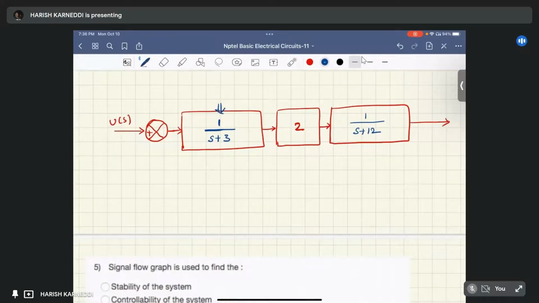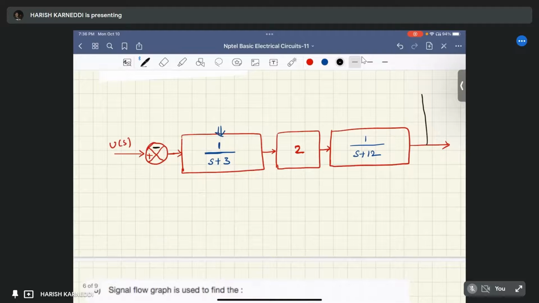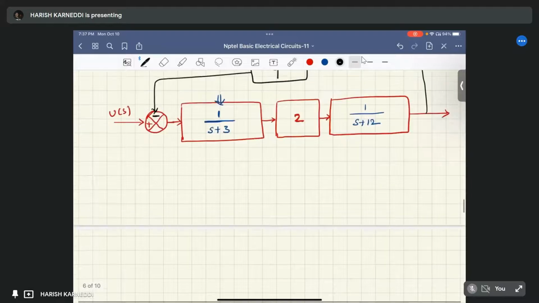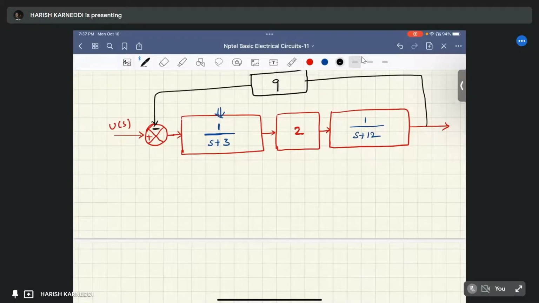So here it is a negative sign, this is a feedback, and the gain of this particular feedback is 9.